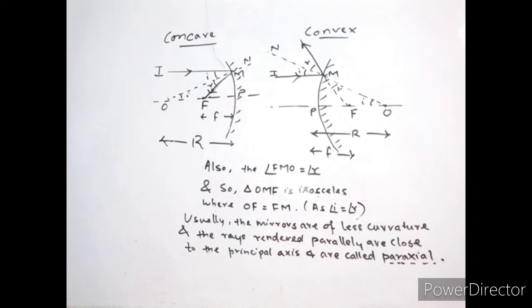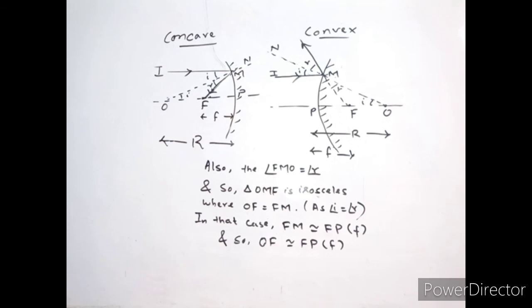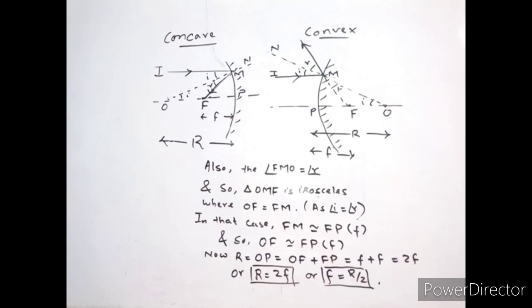Usually the mirrors are small in curvature, and the rays incident parallel are close to the principal axis, and hence are called paraxial rays. Because of these paraxial rays, the line FM is nearly equal to FP, and FP is the focal length f, and so OF is also nearly equal to FP, that is, the focal length.